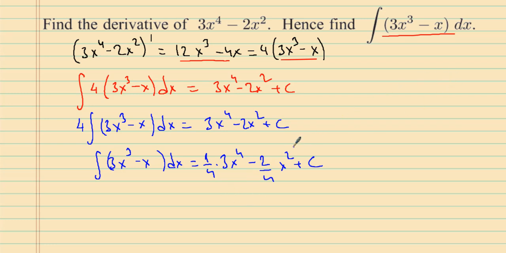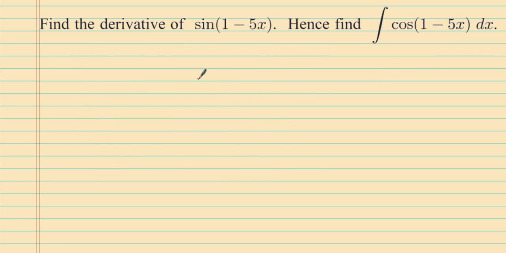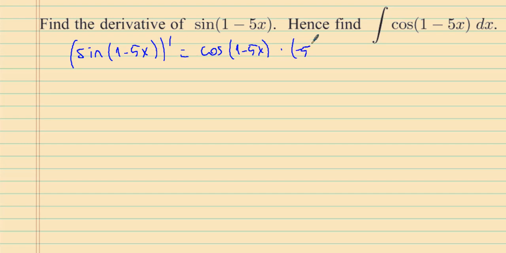So this is finding integration by using differentiation. Let's solve one more example with trigonometry: sine of 1 minus 5x. Let's find the derivative. We know that it's cosine of 1 minus 5x multiplied by the chain rule factor minus 5. We know that.